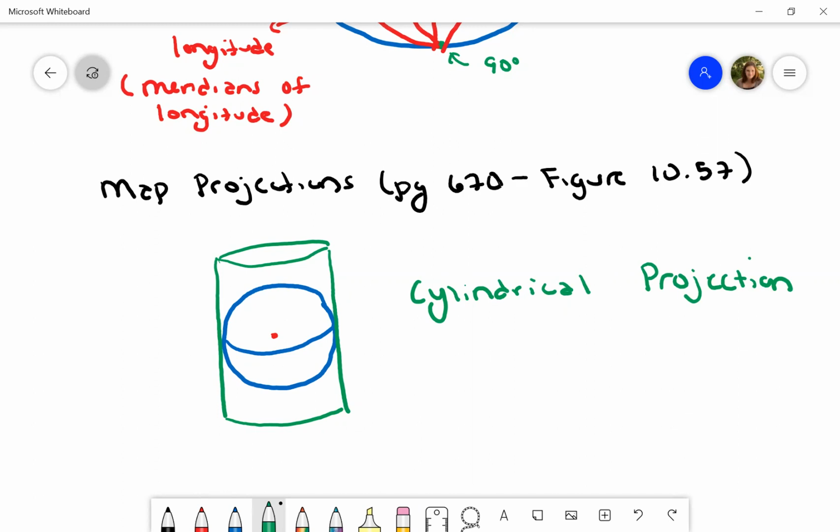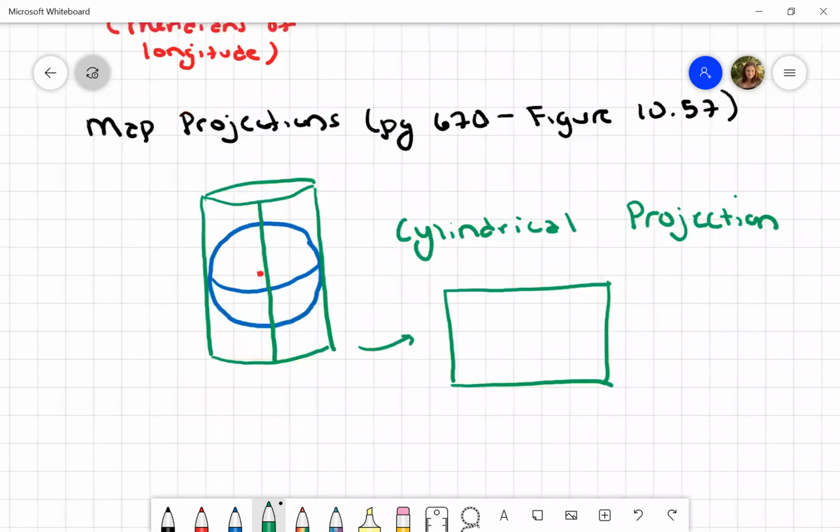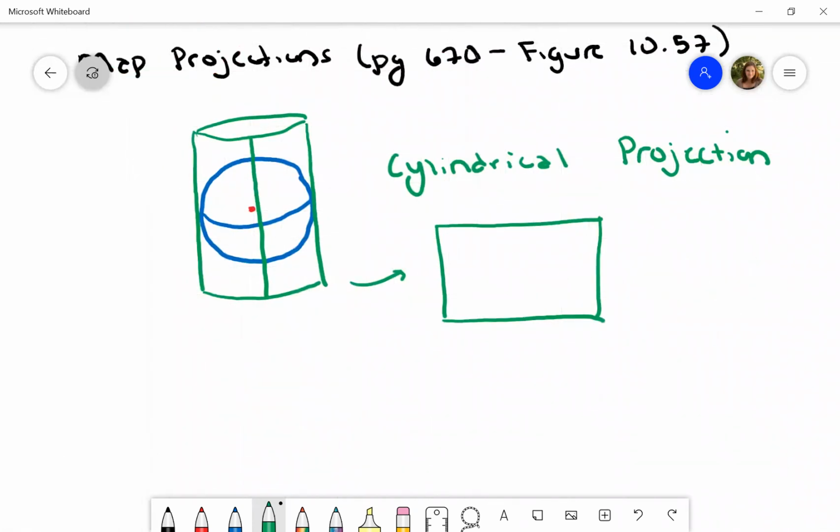All right. So if you were to take this cone and slice through it and open it up, it would look like a rectangular map with the Earth completely spread over the map. Now, as you can see, if I'm lighting up the Earth and looking at it on this cone, the biggest distortions of the Earth are going to occur at the North and South Pole. And the best accuracy is going to occur near the equator.